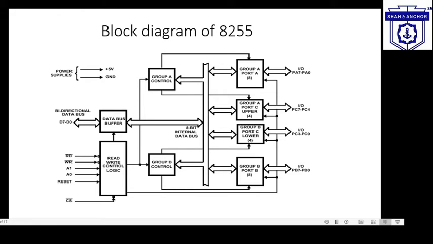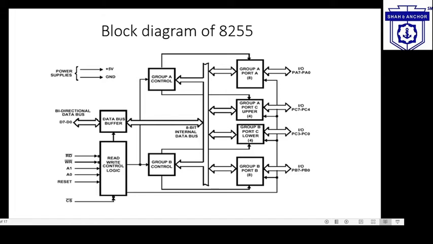That means port A 0th bit to port A 7th bit. Then group A port C upper bits, which include PC4 to PC7, meaning port C 4th bit to port C 7th bit. That is the upper part of port C.